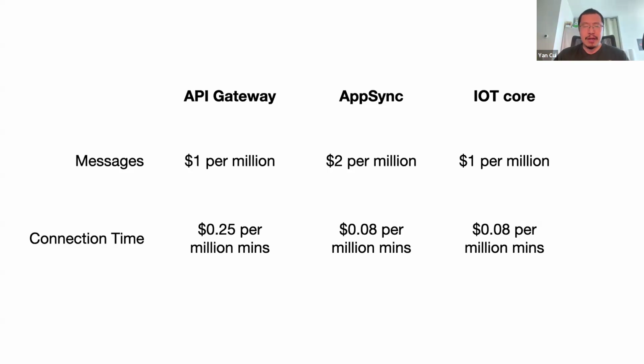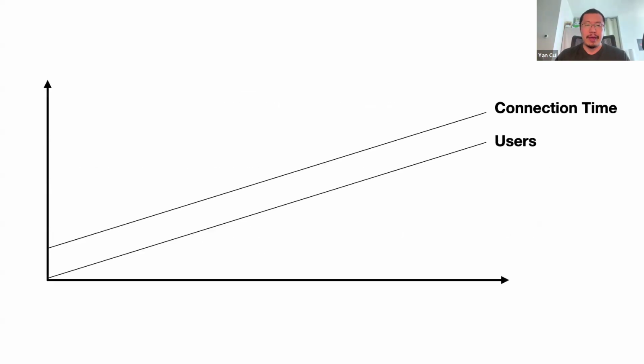But imagine you're building, say, a social network where the more users you have, the more connection time you're going to have on those WebSocket connections, because whenever they are DM'd or mentioned in a post, you want to push an update to them so that they get a notification and all of that good stuff. But then your revenue doesn't grow with just users, because most users don't pay.